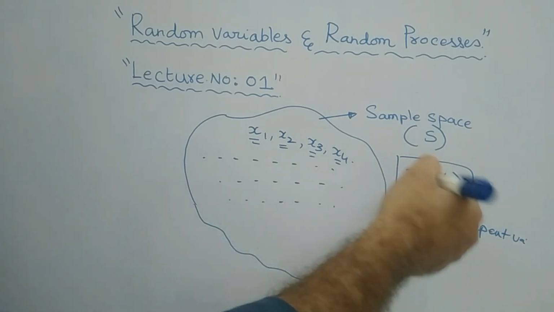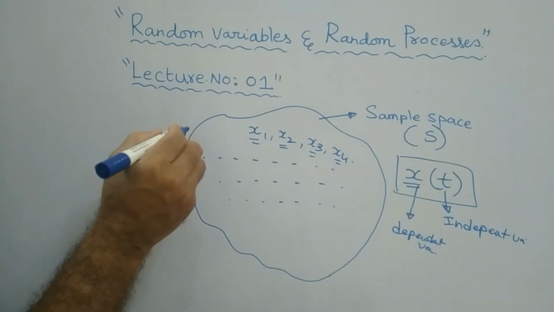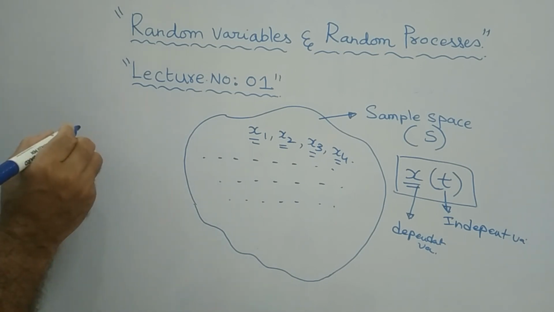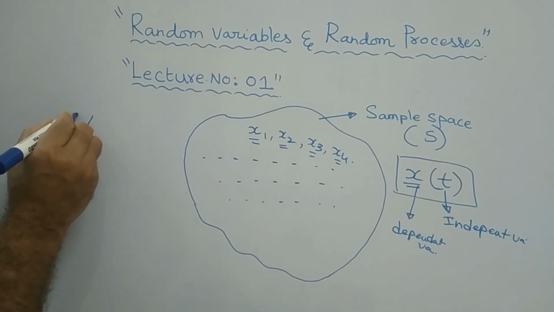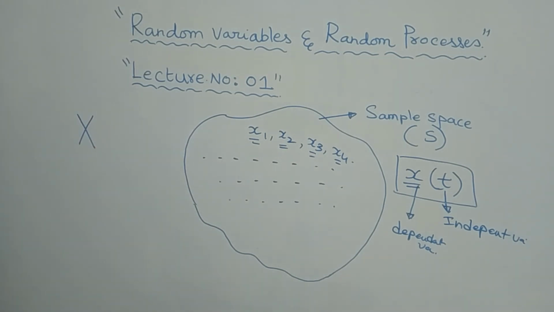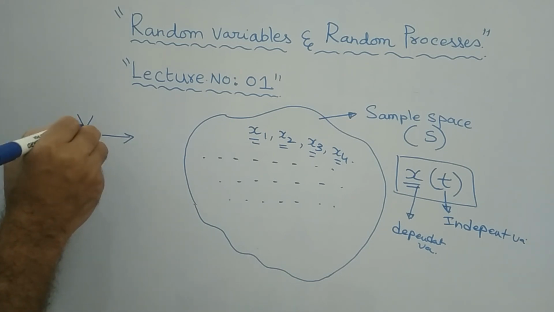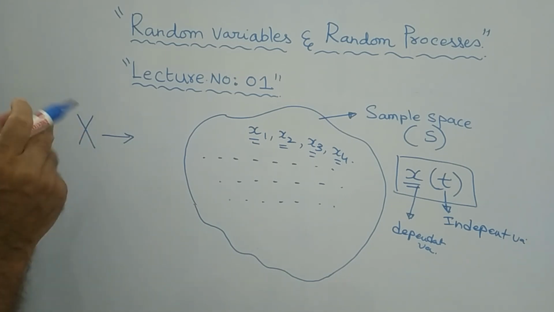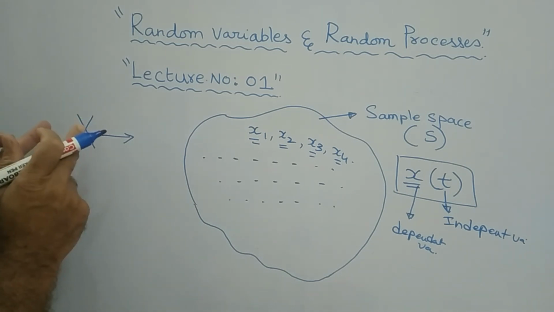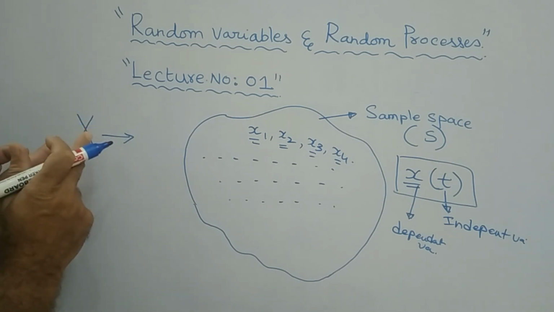Likewise, in a similar way, now I am considering a variable. That variable I am calling a random variable x. Random variable x, right? This I am considering a variable, and now I am naming it a random variable.